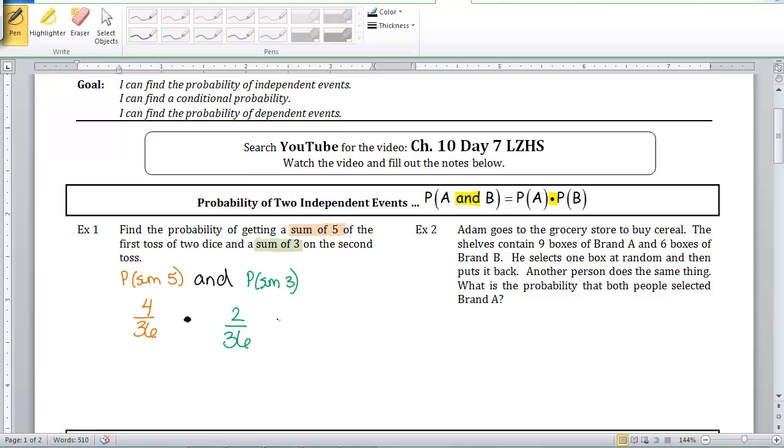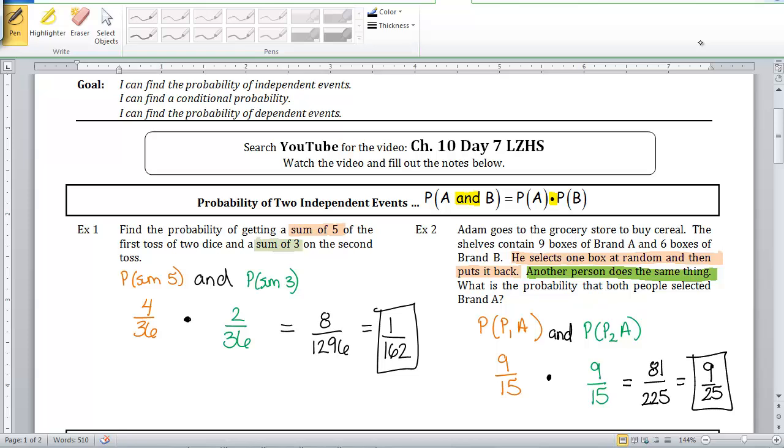And so now if I multiply these 2 individual probabilities, since these are independent events, and again I need both to happen, 4 times 2 is 8, 36 times 36 is 1,296, and this would simplify to 1 over 162. Please now pause the video and complete example 2 on your own.